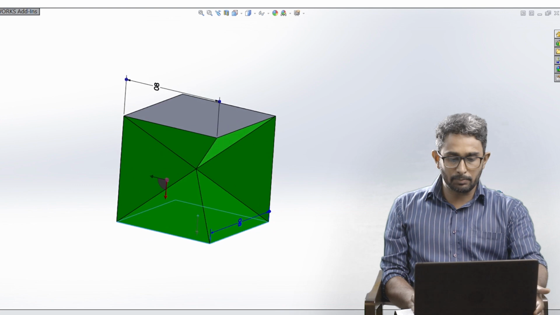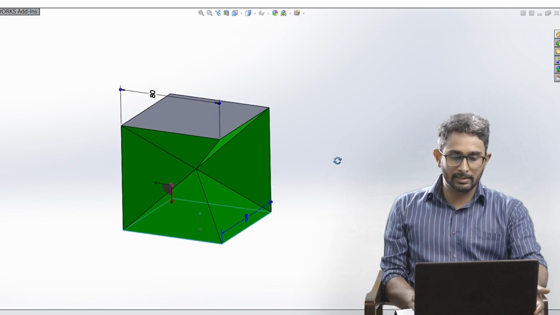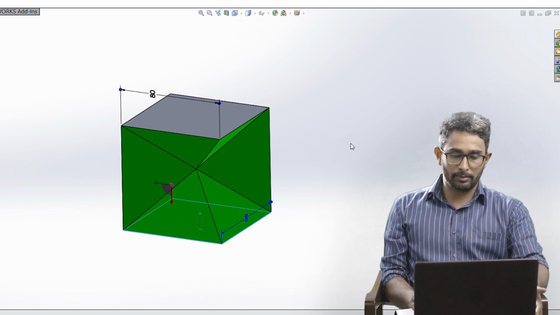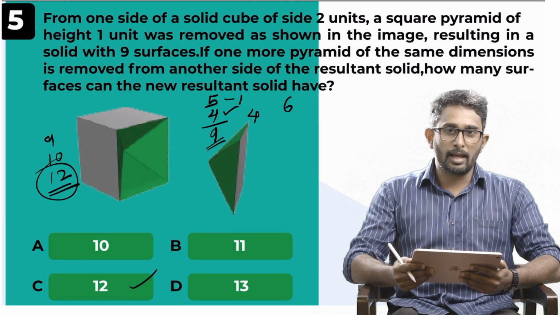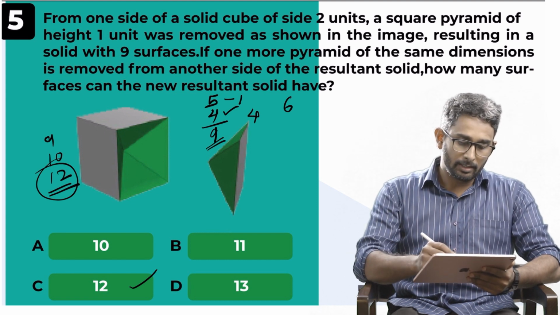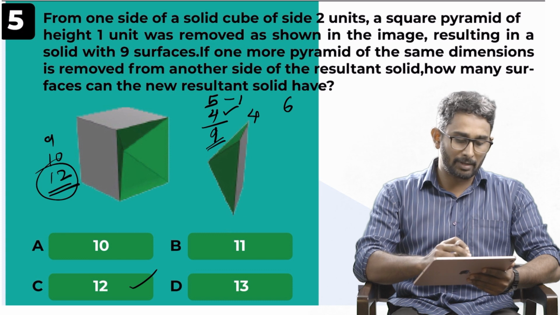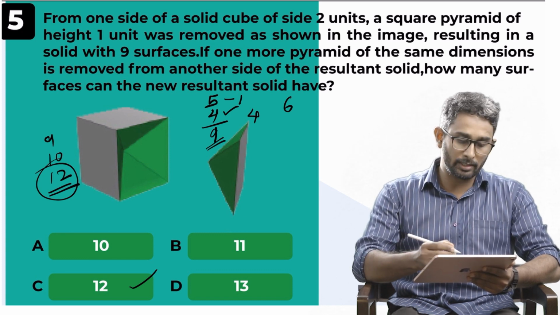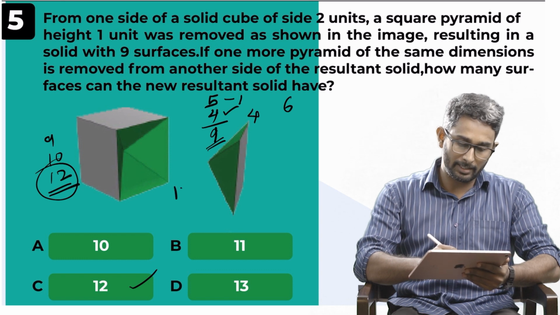So in this possibility, if the pyramids are taken from the adjacent side, there are 10 surfaces in the resultant solid. As we have seen in the 3D model, the total surfaces of the resultant solid will be 10.